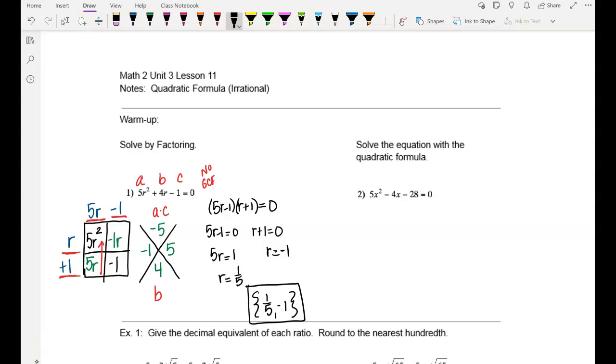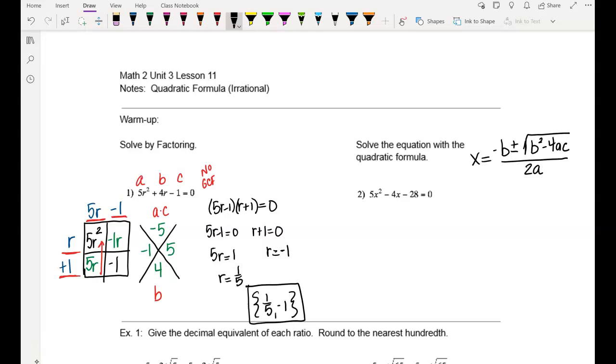Now the next one says solve the equation with the quadratic formula. Again, you need to know the quadratic formula. X equals -b plus or minus the square root of b squared minus 4ac, all divided by 2a. We have to make sure that one side is equal to 0.